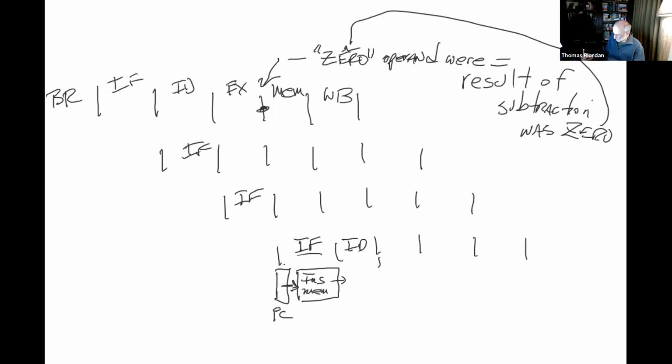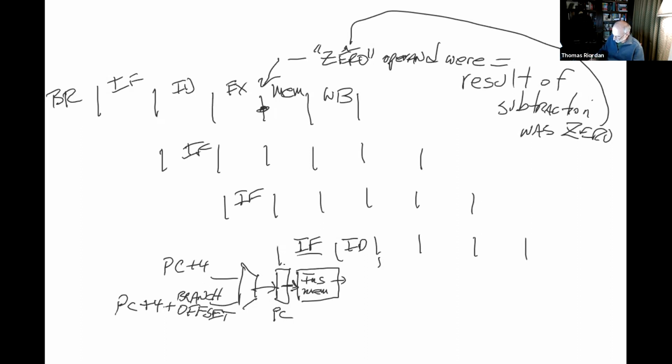And so what we need to do is we've got that mux that's choosing between program counter plus 4 and program counter plus 4 plus the branch offset. And that feeds into the program counter.